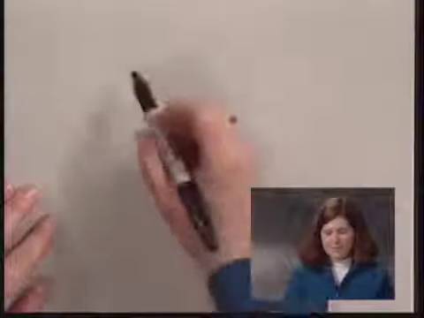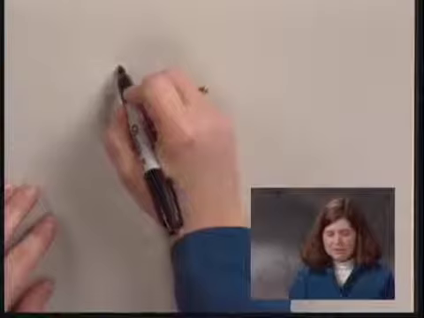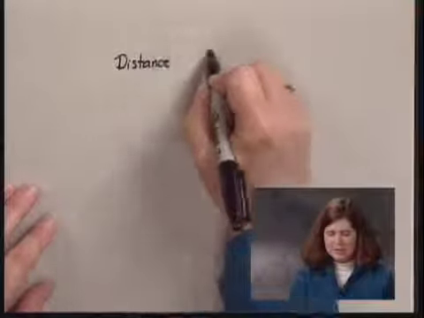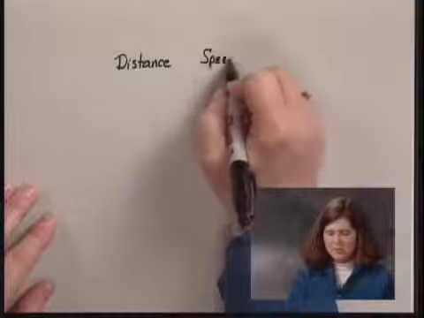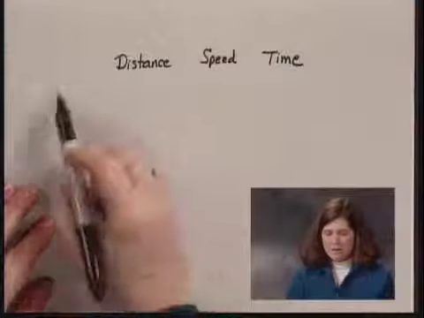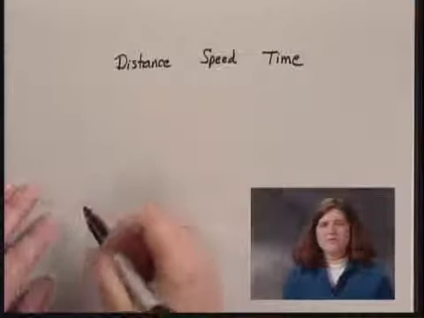Now we want to organize this information in a table. And we can organize that for any motion problem, letting the columns be distance, speed or rate, and time. Then the rows stand for each of the motion situations.